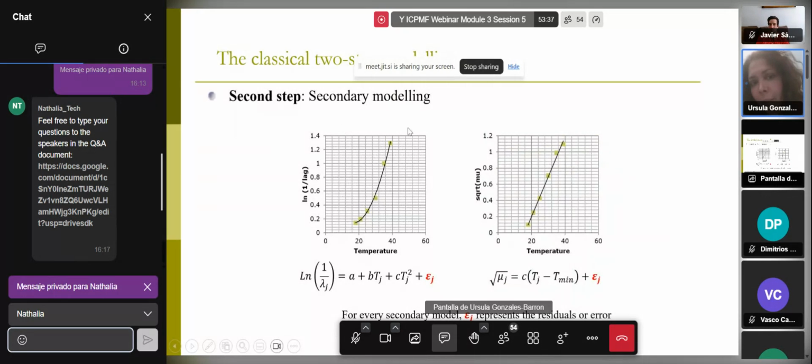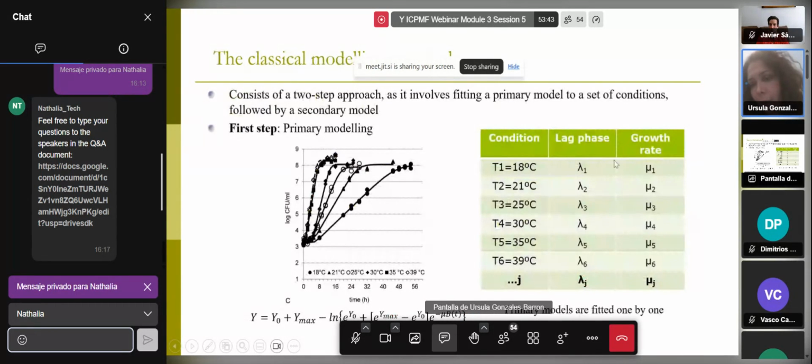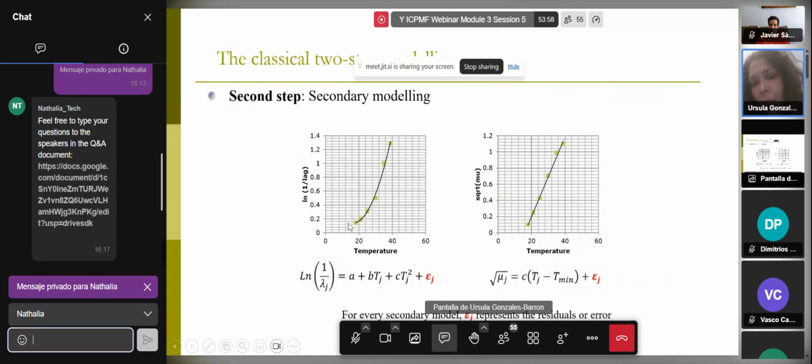And the second step would be the secondary modeling. Now you take this lag phase and this growth rate, and you try to find a relationship for how the lag phase duration changes with temperature and how the growth rate changes with temperature. And you get something like this. You want to represent this in an equation.